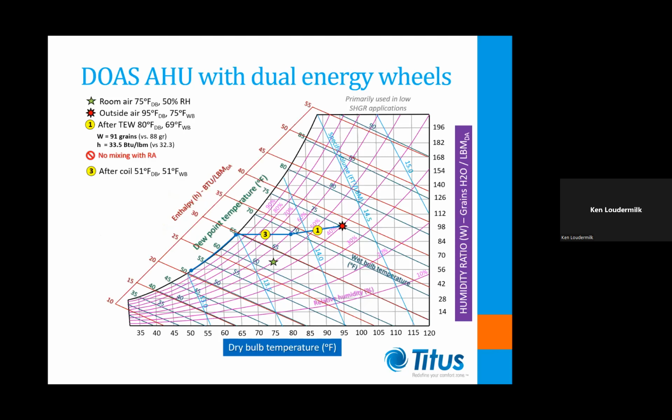The psychrometric process in a DOAS air handling unit with a secondary desiccant wheel is detailed in this chart. Conditioned air leaving the cooling and dehumidifying coil enters the desiccant wheel. Moisture from the conditioned airstream is transferred to the return air.